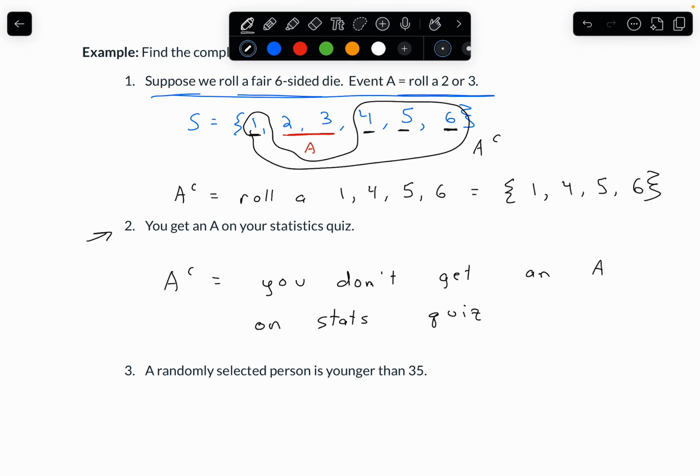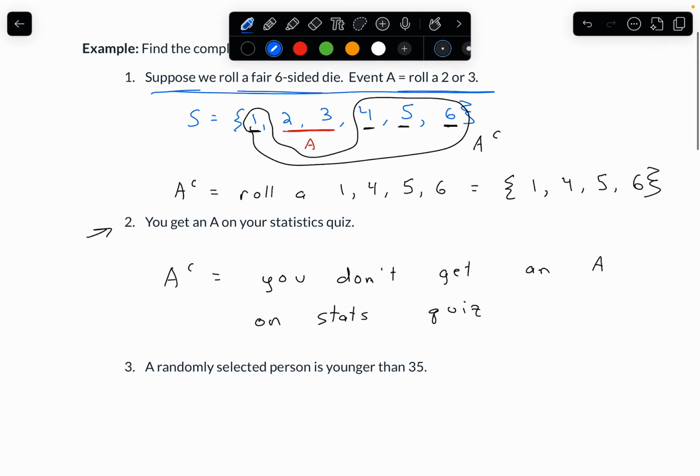The really important thing is that between an event and its complement, it needs to cover every single possible outcome. If we say you either get an A or you don't get an A, one of those two things has to happen. There's no other way that this experiment could unfold.